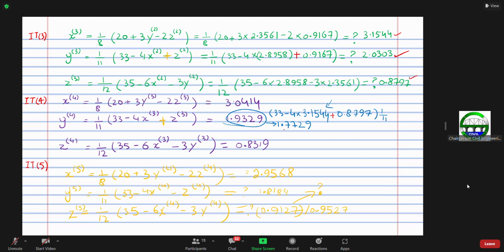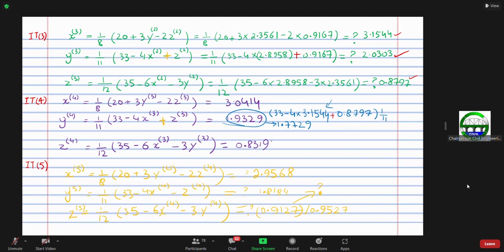And in here, let me calculate this again. 33 minus 4 into 3.1544 bracket close plus 0.8797 and divided by 11.